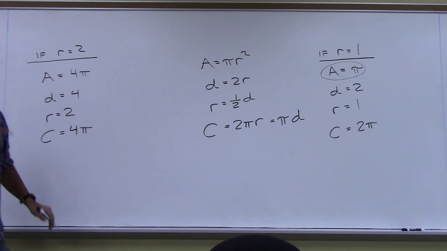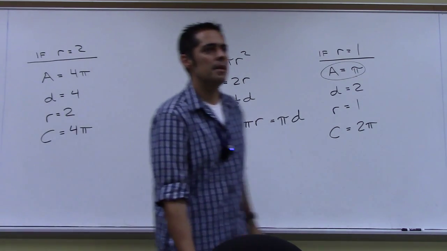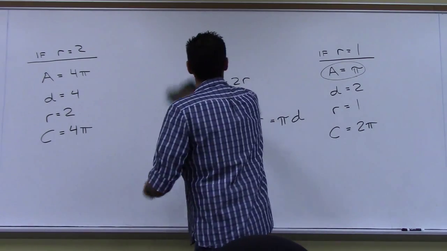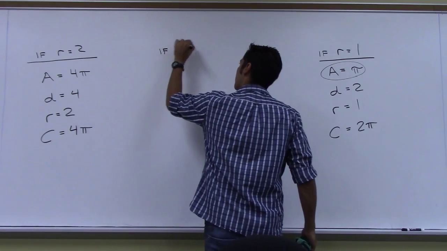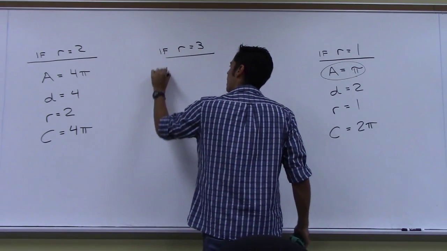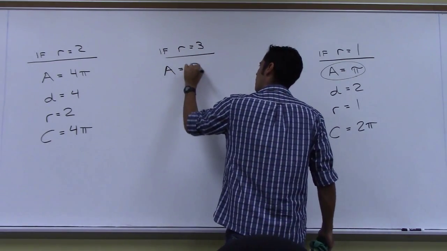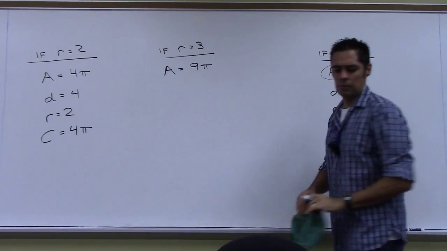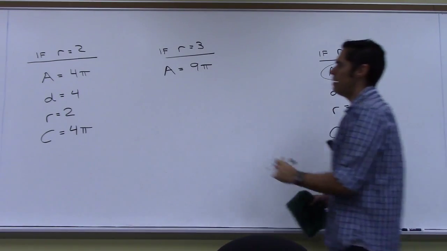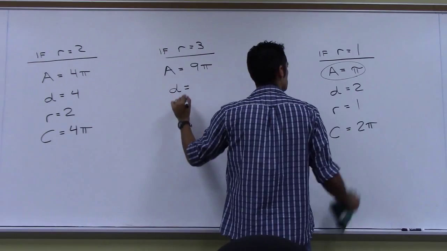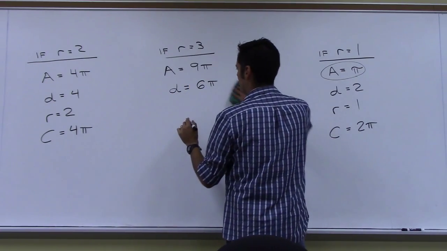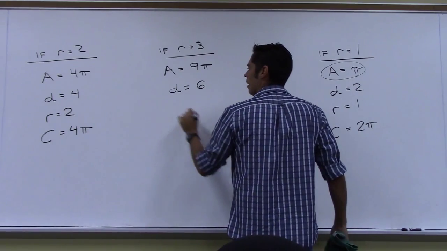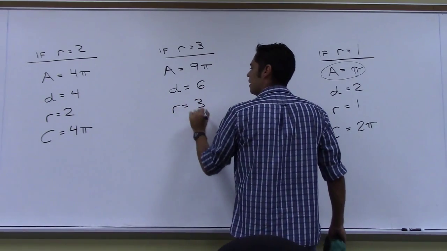Let's go one more. Let's jump that radius up again to 3. If the radius is 3, what's the area? 9 pi. Diameter, 6, right? r is 3.